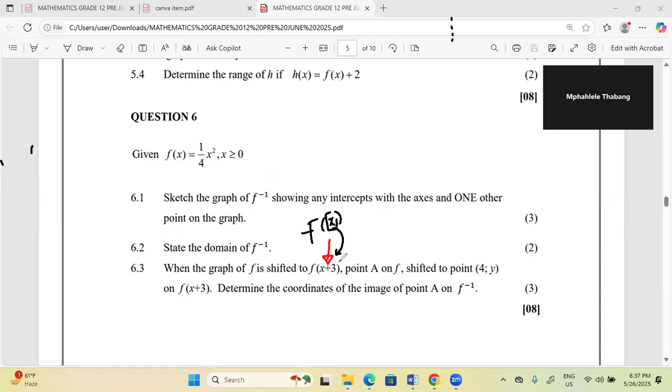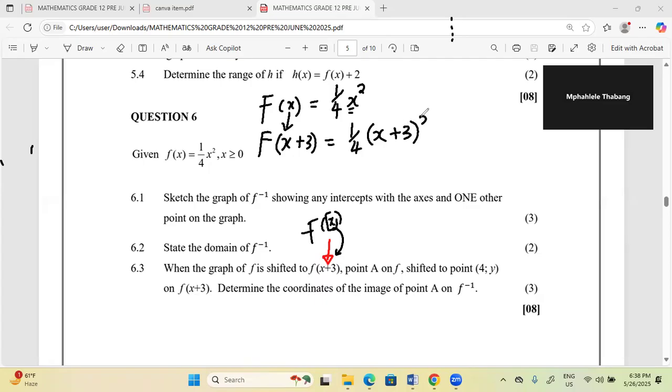We are finding a new function. Let me write. The original function f of x is 1 over 4 x squared. But they are saying go to f, where there is x, substitute x plus 3. Put x plus 3 in the place of x.